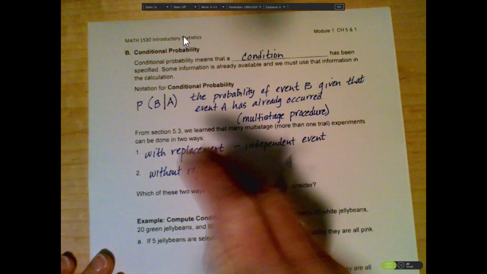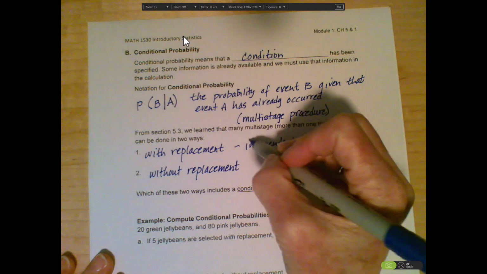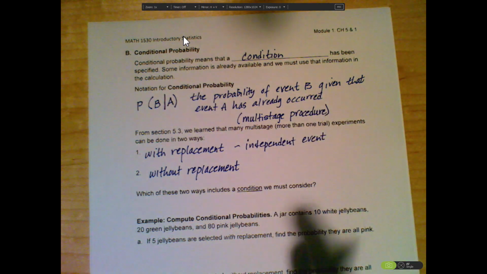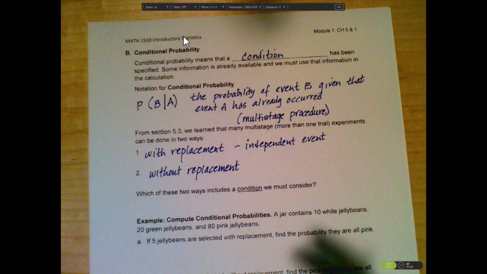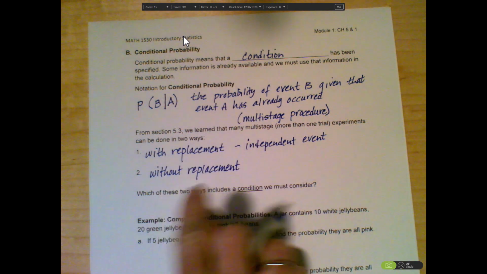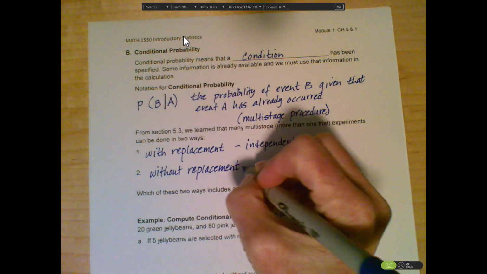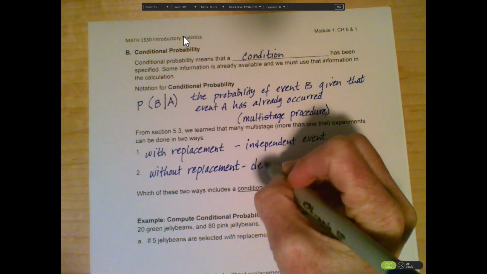The events are independent of each other because each time you've got the same setup that you had the first time because you keep putting everything back in place before you do the next thing. But if you don't put everything back in place, now you're making all these different events dependent.